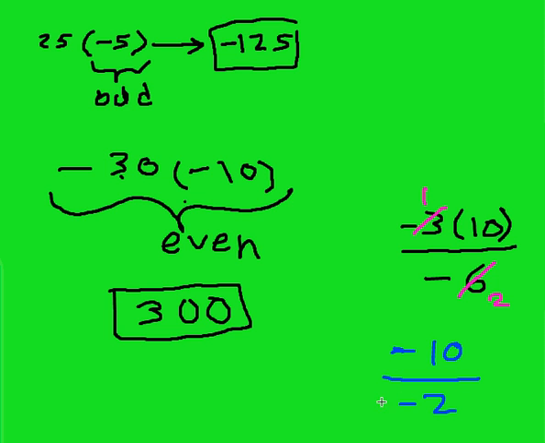Well, again, when multiplying or dividing by an even amount of negative signs, we come out with a positive answer. So in this case, we're going to end up with 10 over 2 equals 5, positive 5, because, again, we have an even amount of negative signs.